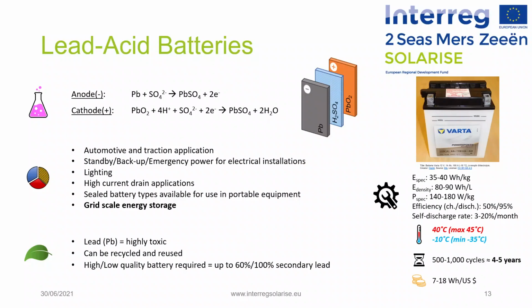For these roles, modified versions of the standard cells can be used to improve storage time and reduce maintenance requirements. Nevertheless, the weak point of this technology is the formation and dissolution of lead sulfate on the pure lead negative electrode over the charge and discharge cycles, which clearly decreases its performance with age and limits its lifetime. New lead-acid systems have carbon added to this electrode to overcome this problem.